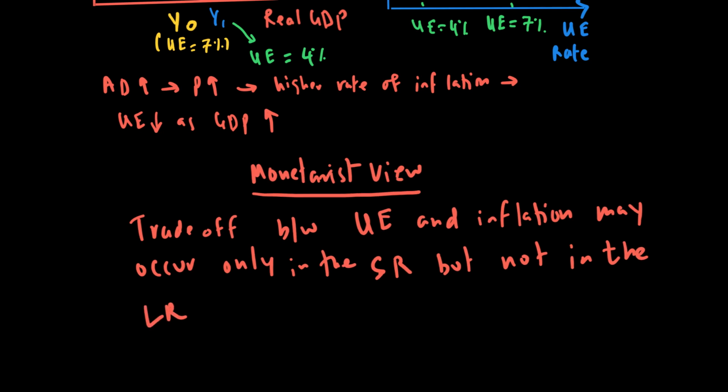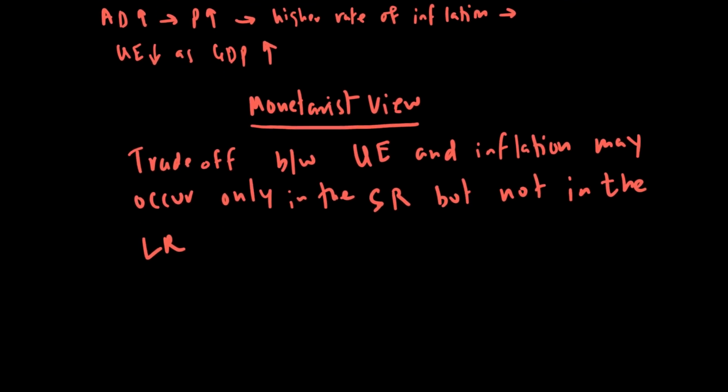So they argue this, that they have a disagreement here, because they say that unemployment and inflation may have a short run trade off but not in the long run, which means that in the short run you may see a rise in inflation causes unemployment to go down, but not in the long run.